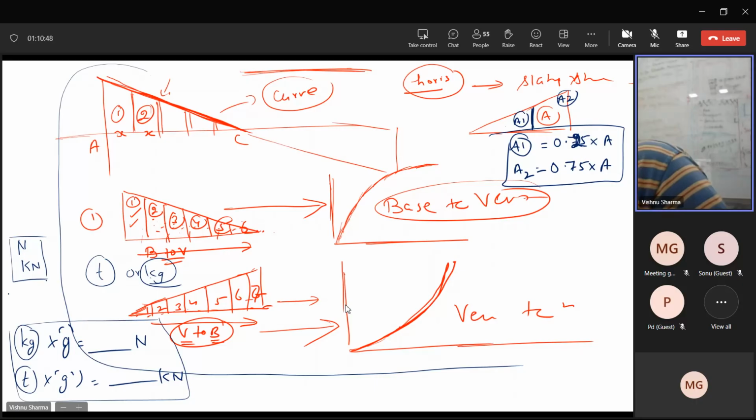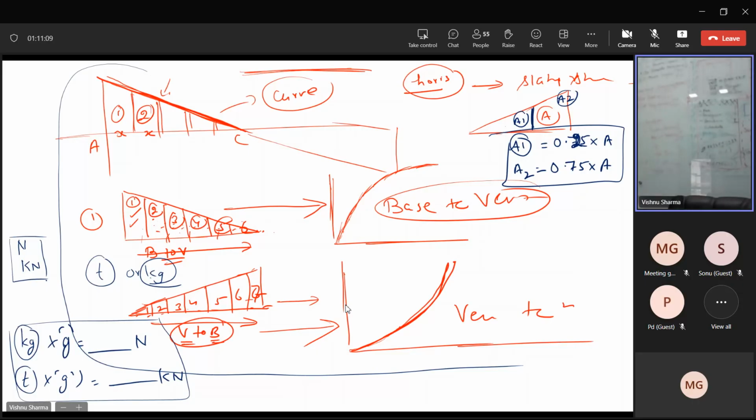Not necessary. Okay. You look at the values given. If those values are given as whole numbers in kg or tons, you can continue working in kg and tons and express the shearing force in tons and bending moment in ton meter.